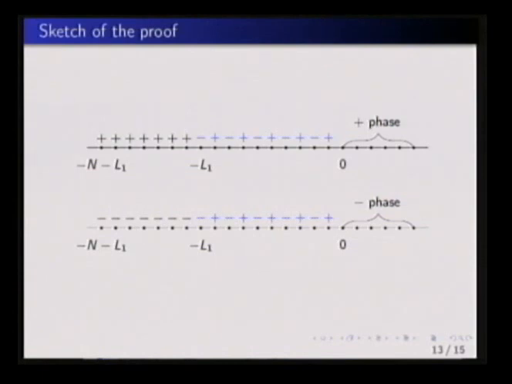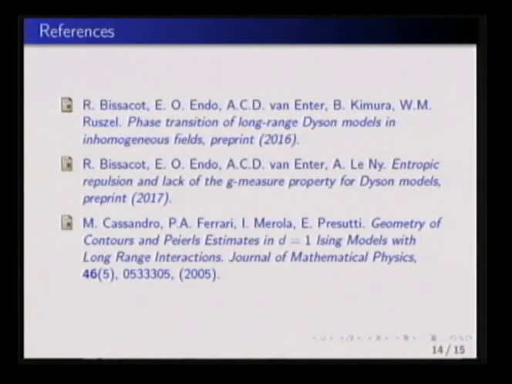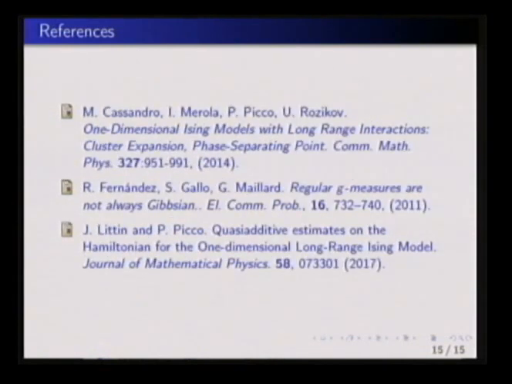So we have a lack of continuity here, proving that the Gibbs measure of the Dyson model cannot have the continuity property of a G measure. So it is not a G measure. So this is the proof. That's the reference, and that's the reason we use it. And we also use the result of Lichtenpico for the case of a non-homogeneous external field. Well, that's it. Thank you very much.